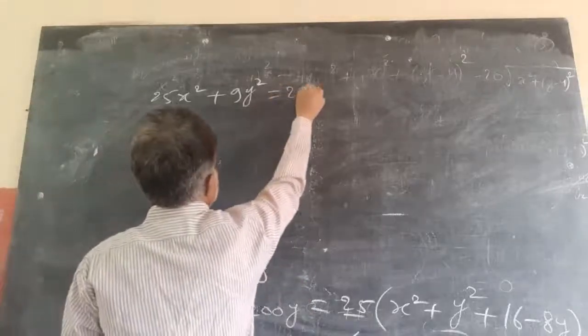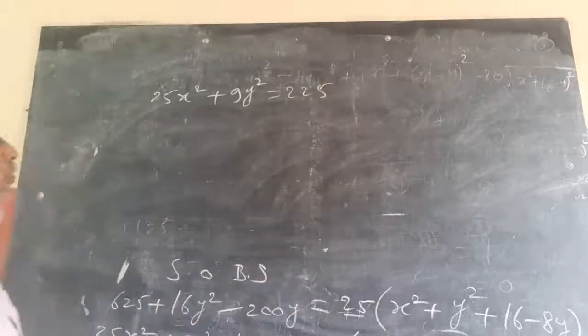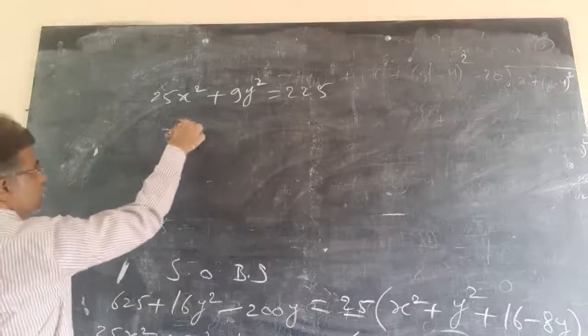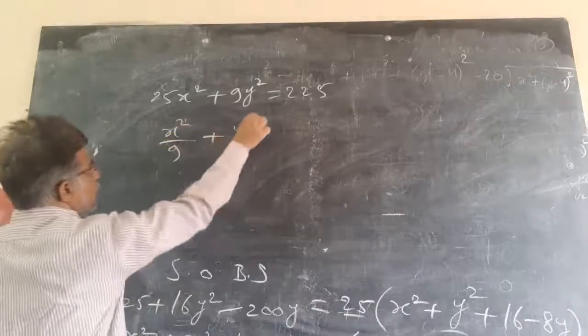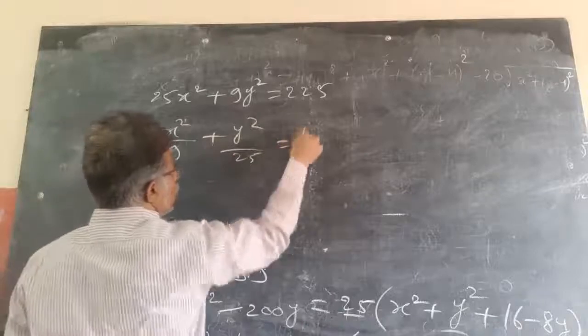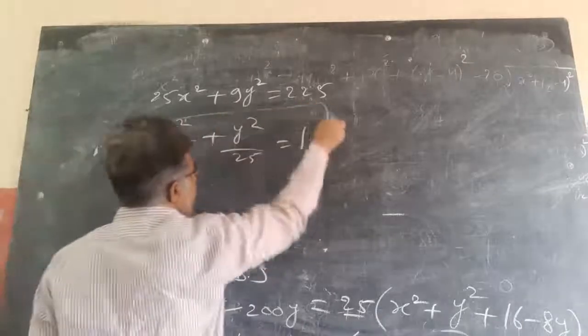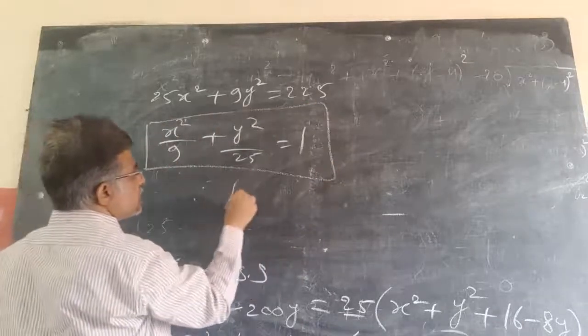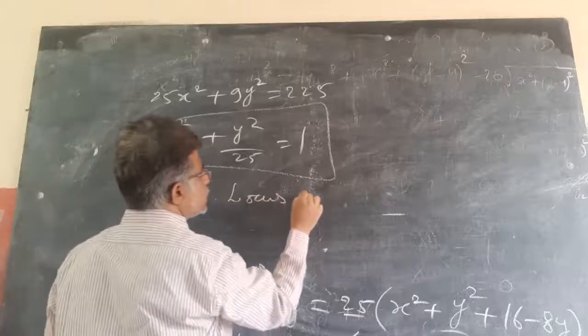I will bring it to the other side. Now divide by 225 and it becomes x square by 9 plus y square by 25 equal to 1. This represents an ellipse. Therefore, the locus is an ellipse.